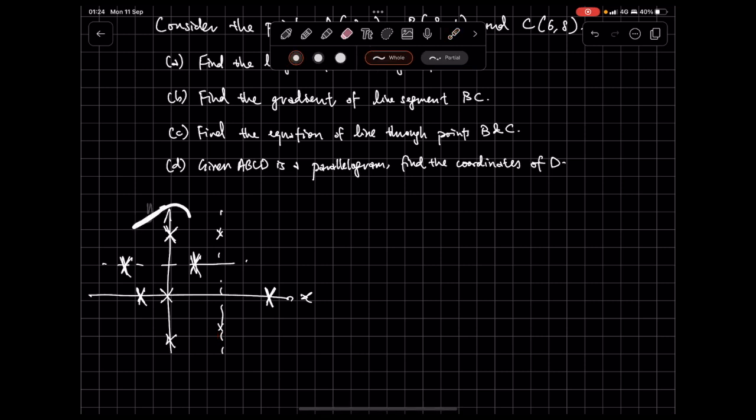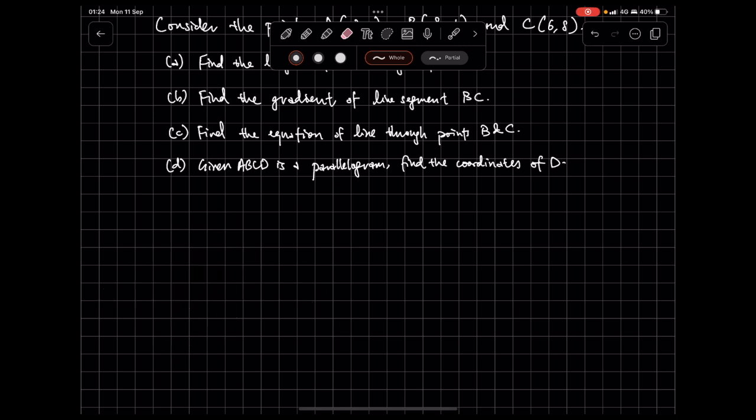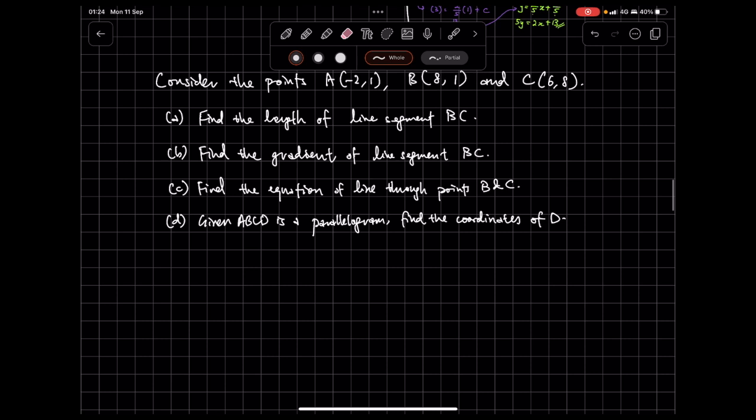Now I'm going to try to do this without sketching out the thing very nicely.